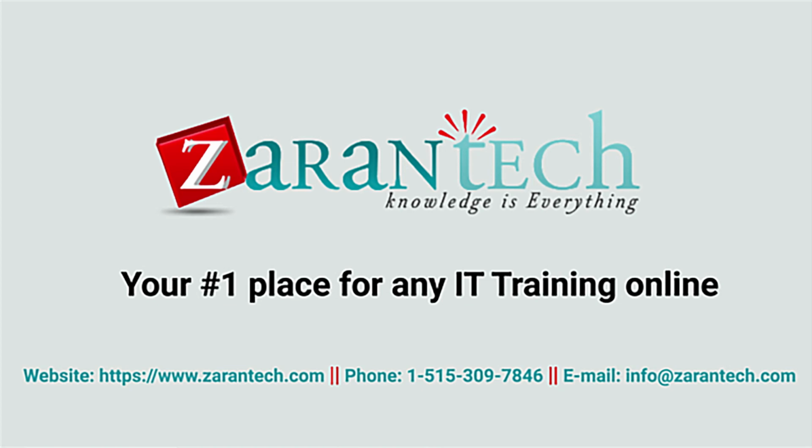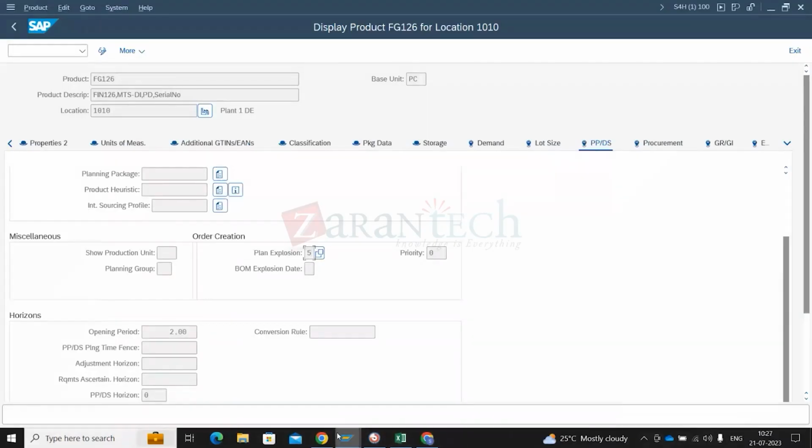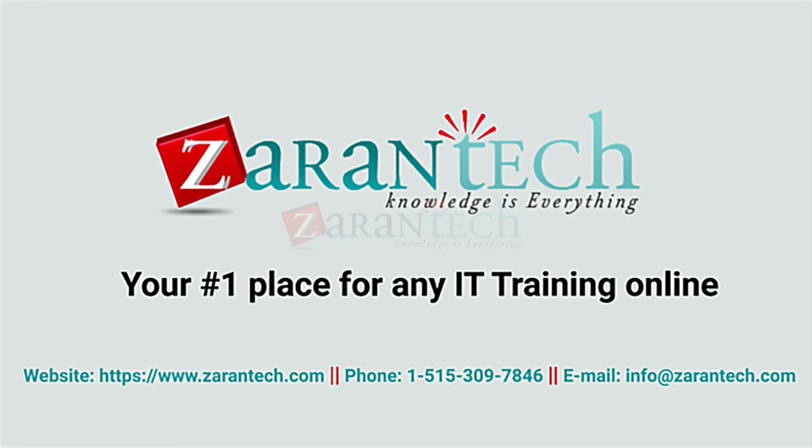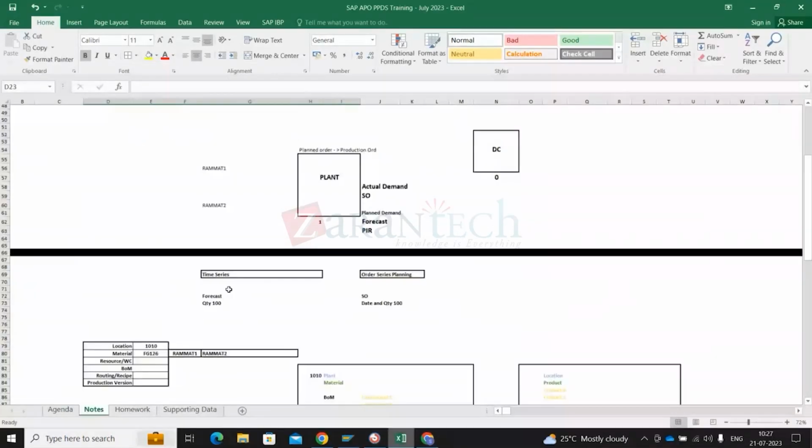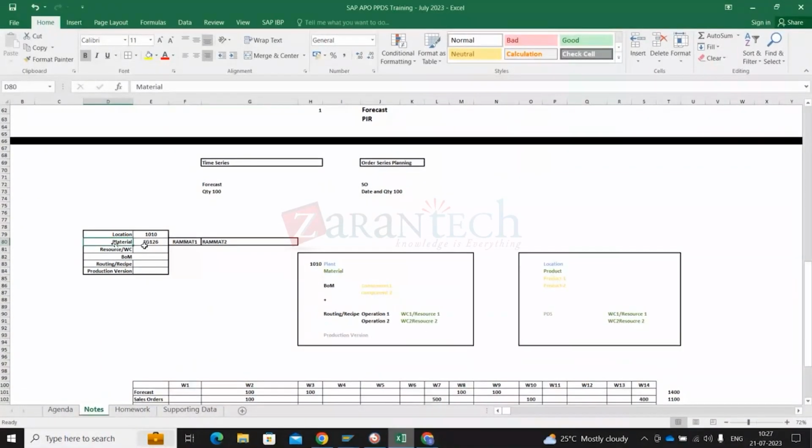See, I think explosion is reading of the master data. Absolutely, yes. So in short, this is my bomb material, right? This material has these two components, and there will be some operations, correct? So that is the bomb, and we have to create it now.